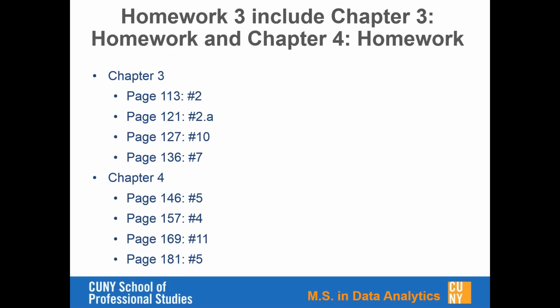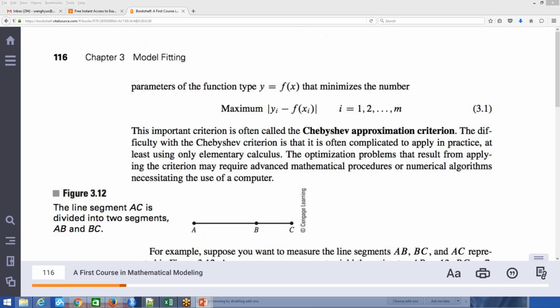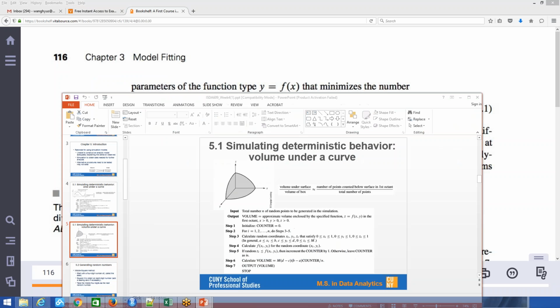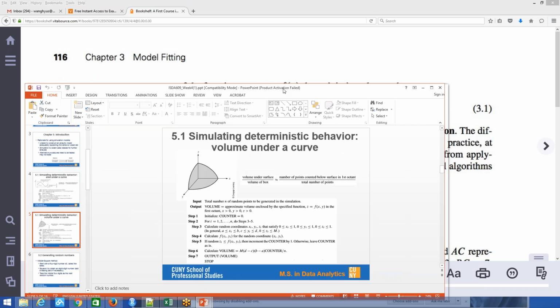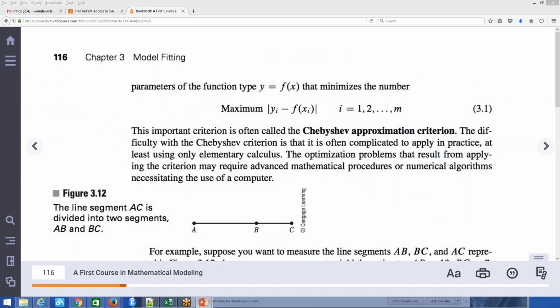But please pick at least 1 in each chapter if you can. That's for chapter 3. Because that's for week 3, and because we're not meeting next week, we should cover this as well.